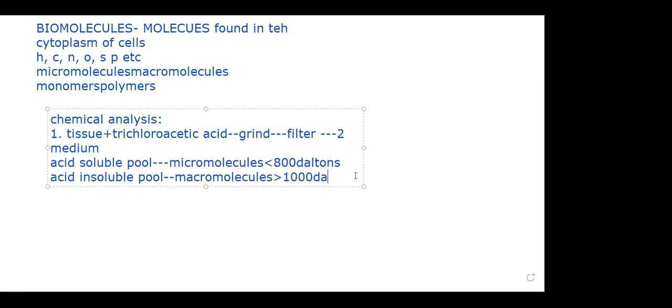When compared to these, lipids are even less than 800 Daltons.